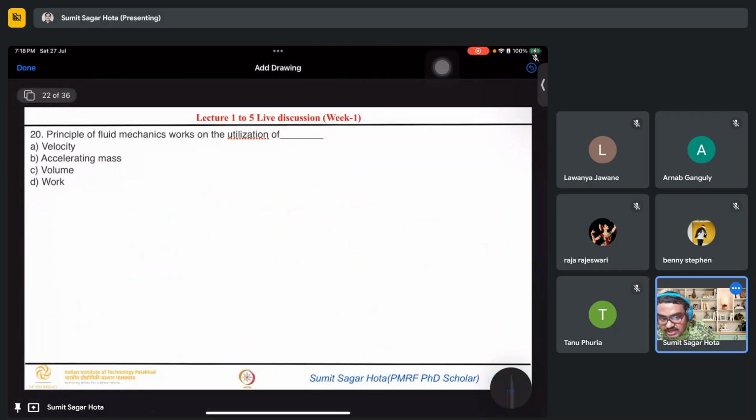so next question, the principle of fluid mechanics works on the utilization of what? Obviously it's a very simple question, rather it's very difficult, because most of you are going to select one option, which is either volume or the velocity, and those are the wrong options. Okay, the correct option is the work.